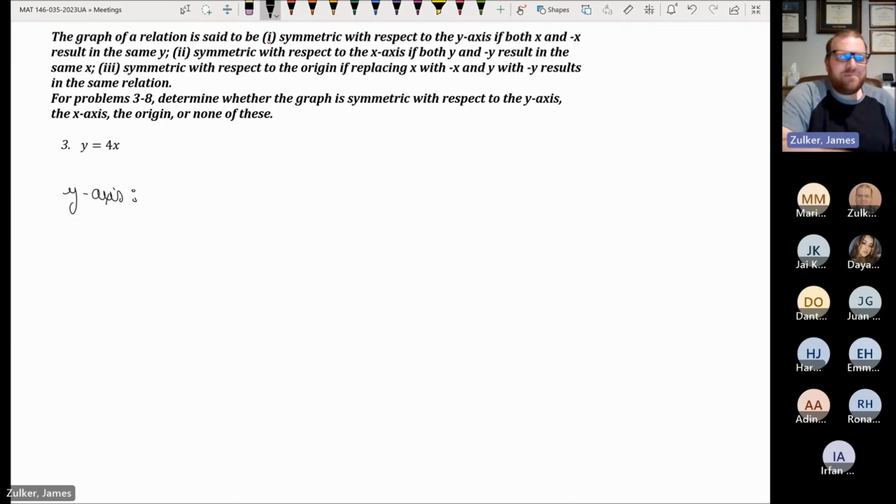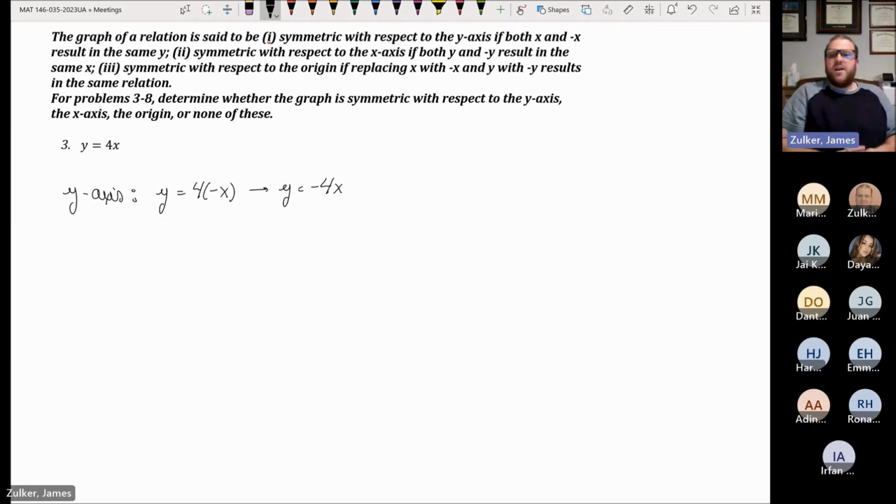Right, so what we're going to do is replace x with negative x. We wind up with y equals negative 4x, right?